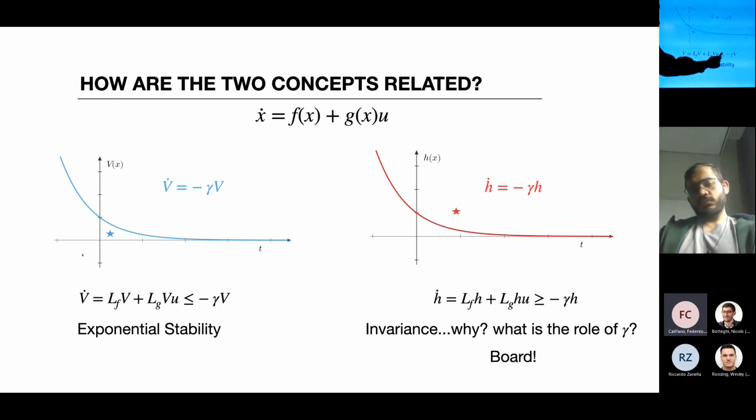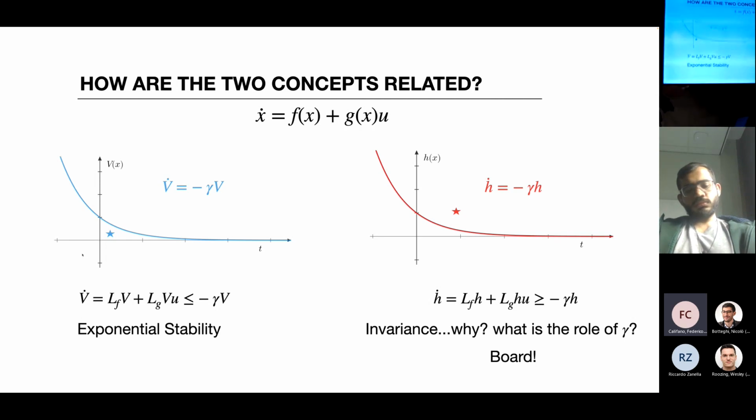So to have V dot less than or equal to minus gamma V means that the real system evolves below this curve. We are bounded by an exponential evolution. We converge fast, which is normally desirable at the control level, because we don't want to converge to the origin in 2 years. We want an exponential rate of convergence.